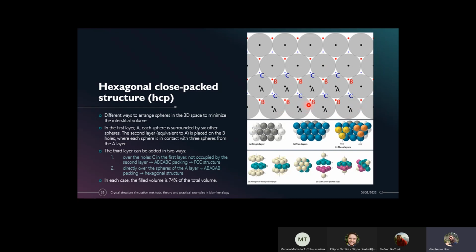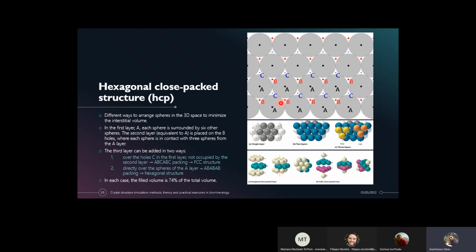And if we want to put another plane of these atoms, it could be centered on B or C. They are equivalent. So let's take it A and then B. The third plane could be over A, and so we have the AB, AB, AB, AB repetition of planes, and in this case we have the definition of the hexagonal close-packed structure.